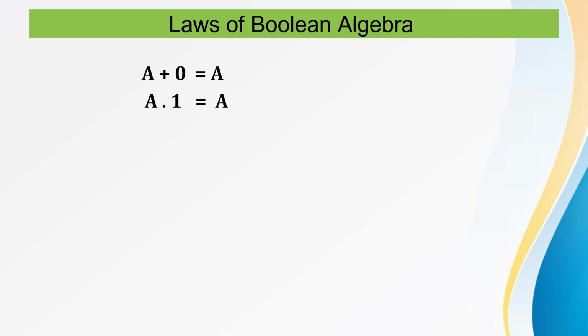From the first law, a plus 0 is equal to a. Why are we writing a plus 0 is equal to a? Let's see with the help of an example. If a is equal to 1, when we substitute, 1 plus 0 equals 1, so we are getting 1.